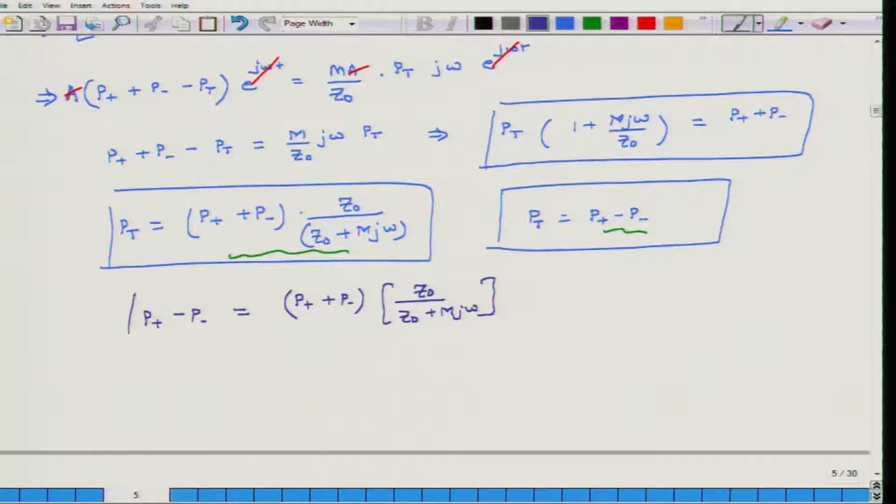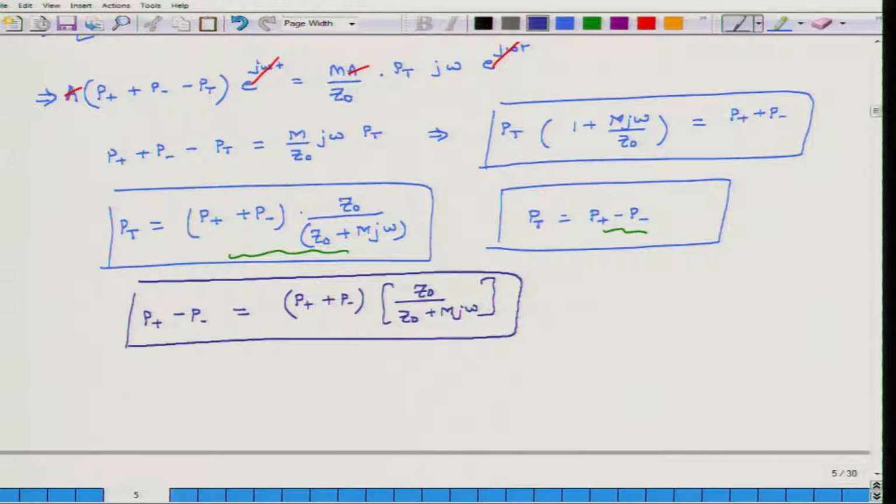So, now this equation has only P minus and P plus. So, if I do the math for this equation, I can get the ratio of P minus over P plus. So, if I do the math, what I get is P minus over P plus is equal to j omega m divided by 2 Z naught plus j omega m.